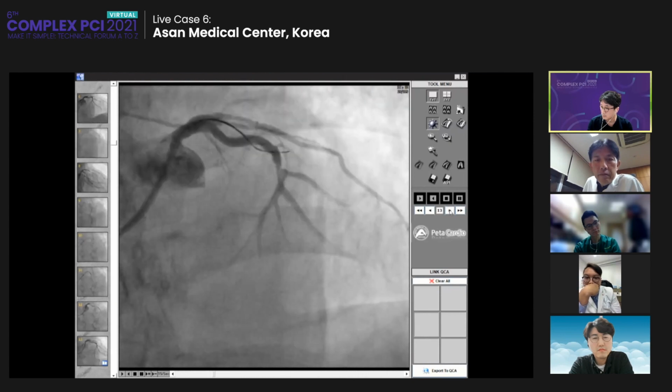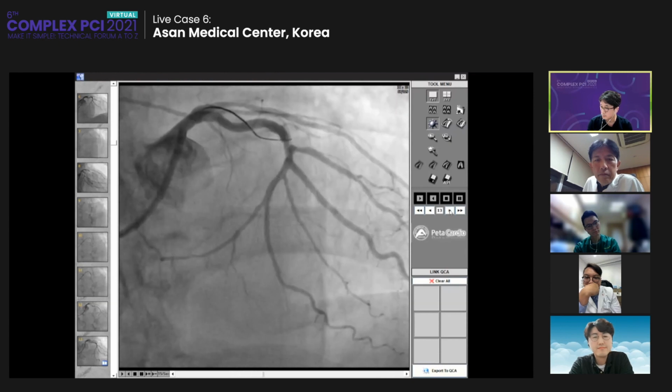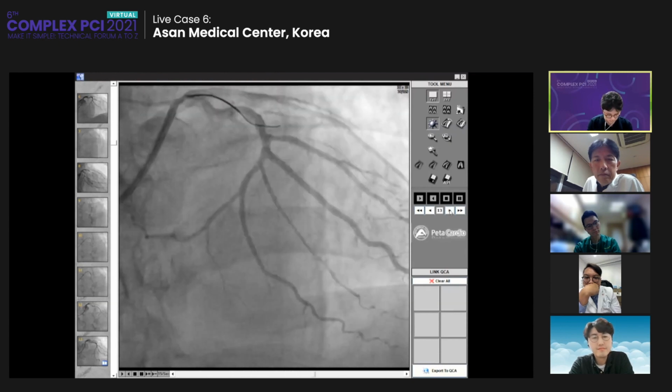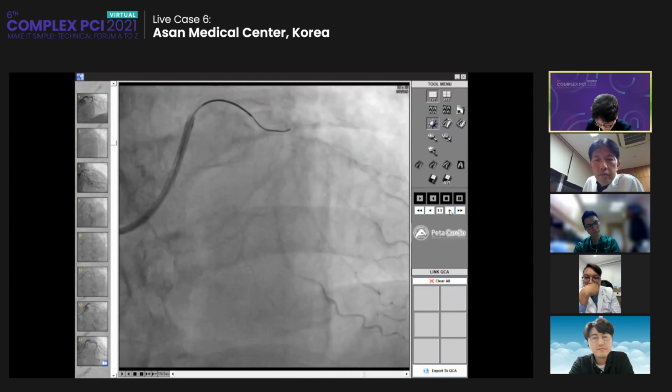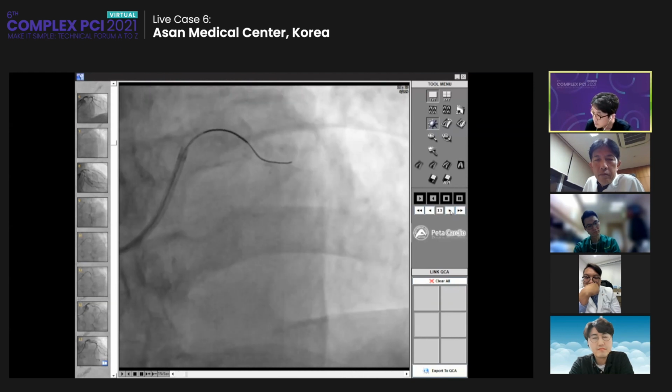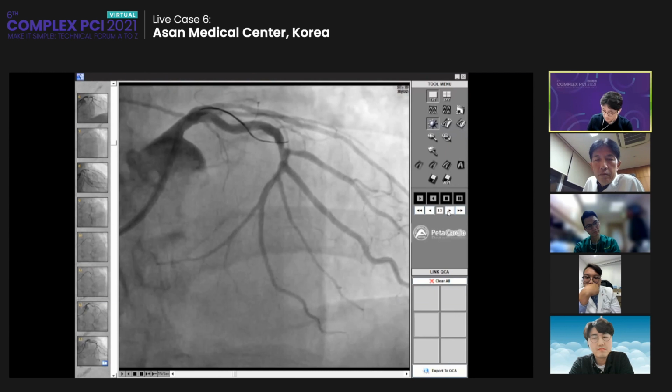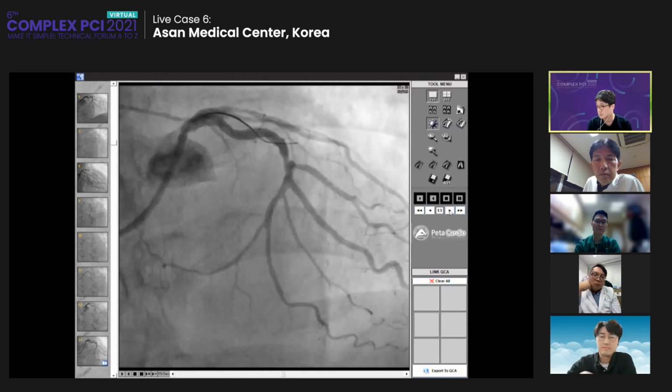In this position, we do not definitely see the distal LAD lesion, which was quite visible in our session.